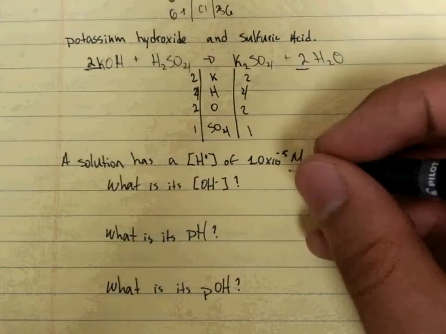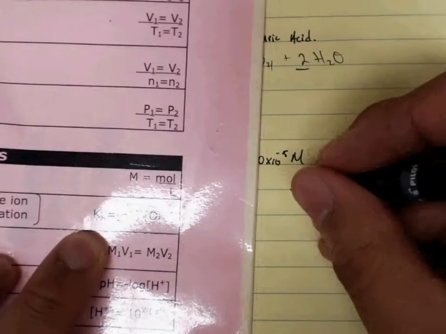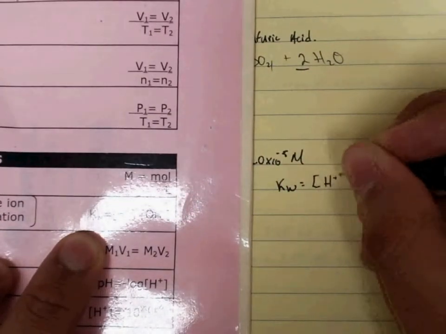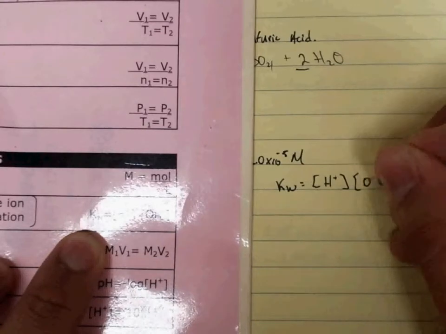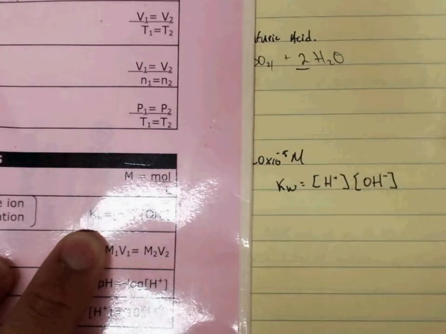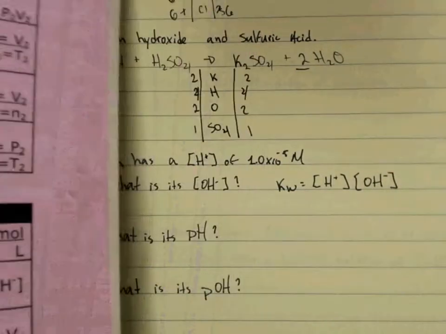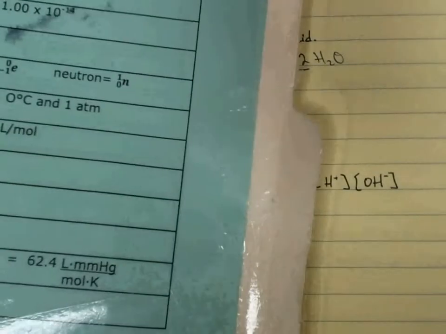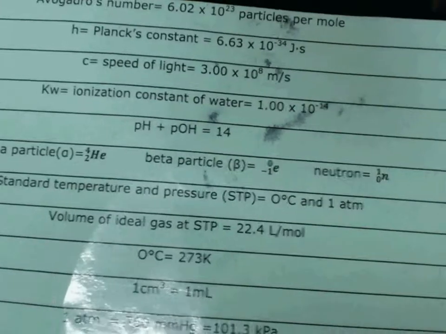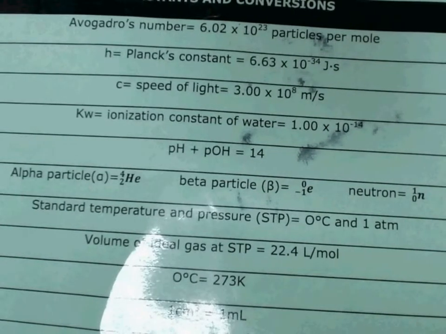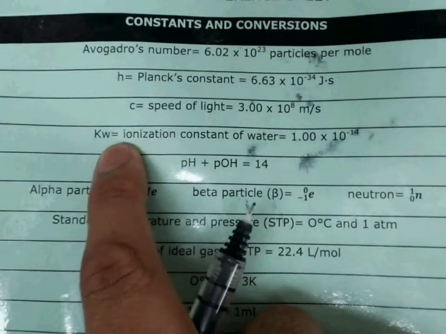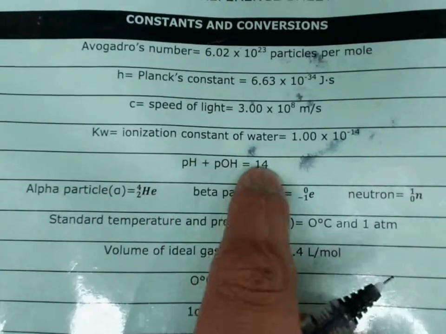So it says that Kw is equal to H plus multiplied by OH negative. I don't know what Kw is because I am a poor student and I did not learn that because my teacher's not very good. So I'm going to look at my constants, and I see Kw is the ionization constant of water, which is 1 times 10 to the negative 14. What? That's crazy.